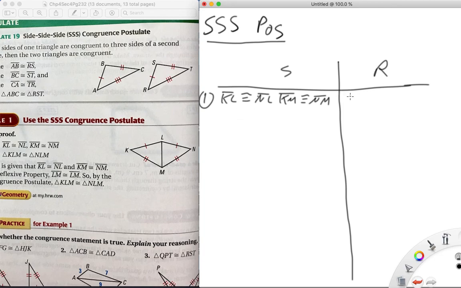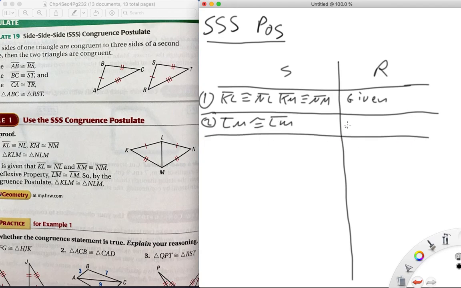And since I have that one side that's shared by both triangles, I can say that it's congruent to itself, by the reflexive property. Therefore, I can say triangle KLM is congruent to triangle NLM by side, side, side.